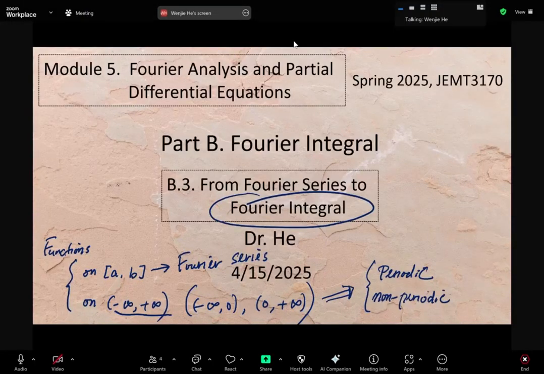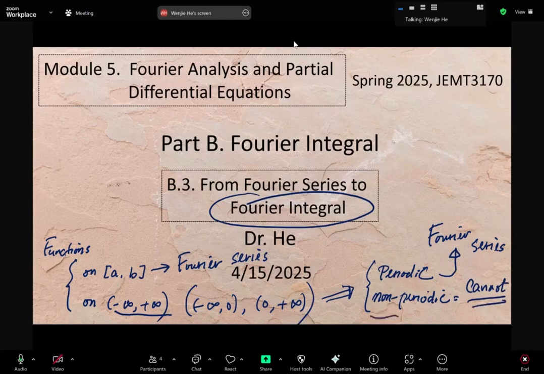The periodic functions we can still represent by Fourier series. But non-periodic functions cannot.